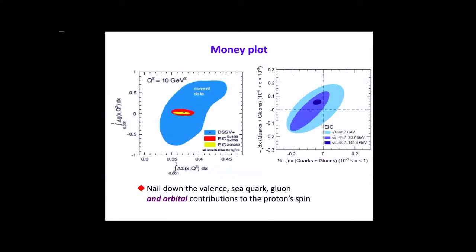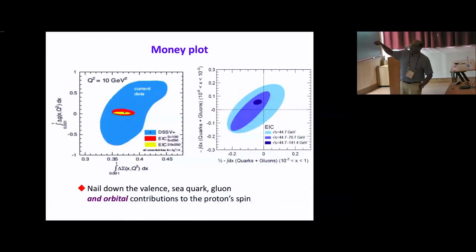So this is delta G as a function of delta sigma. This is the gluon helicity distribution in the proton versus the quark helicity distribution in the proton. And you see that the gluon uncertainties are much bigger. The gluon uncertainty is all over the place, as I was saying, while the quark uncertainty is smaller. But what the EIC will do is reduce it to this very small point.